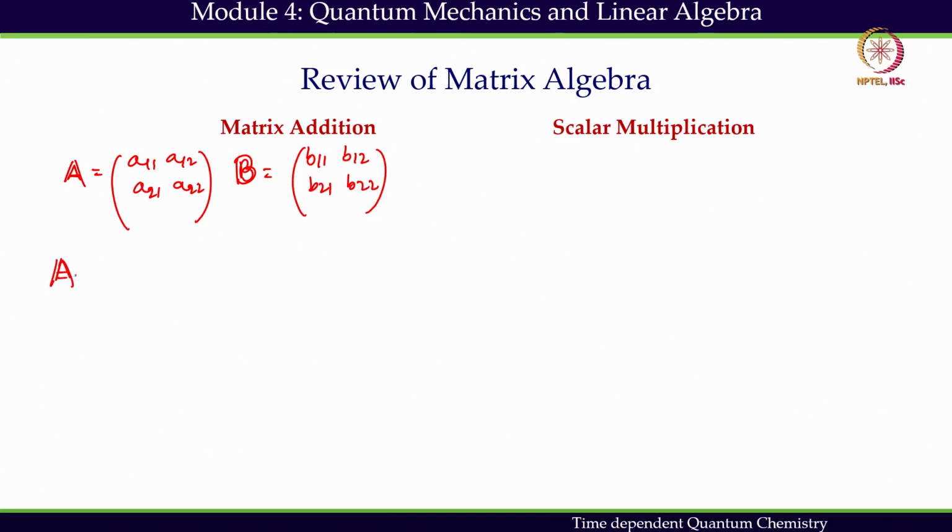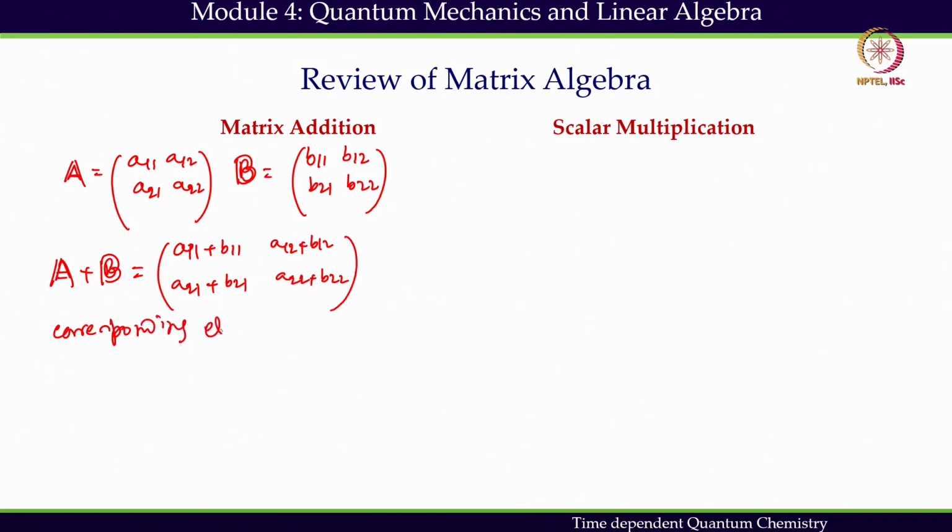We can add them as corresponding elements are added: A11 plus B11, A12 plus B12, A21 plus B21, A22 plus B22. Corresponding elements are added.